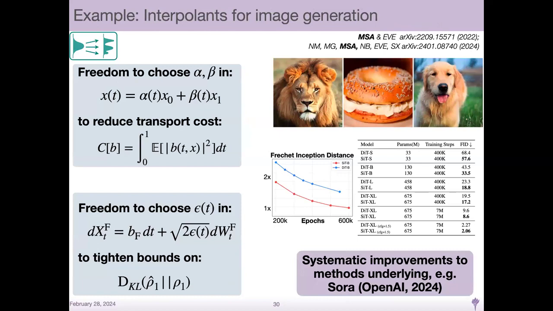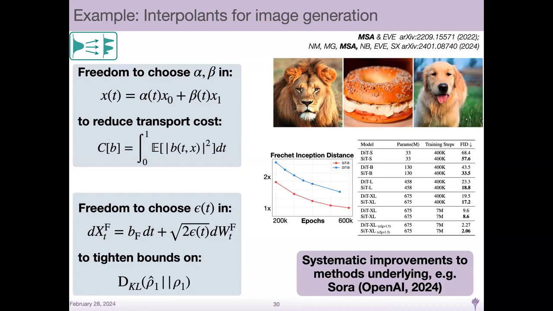So let's look at an example of what the potential benefits are from trying to think a little bit more broadly. Because we have the freedom to choose any functions alpha t and beta t that go into this interpolant, okay? And we may choose one, for example, that reduces the overall transport cost of pushing rho 0 to rho 1. We can ask about the benefits of doing this on large-scale image generation problems where diffusions are currently applied.